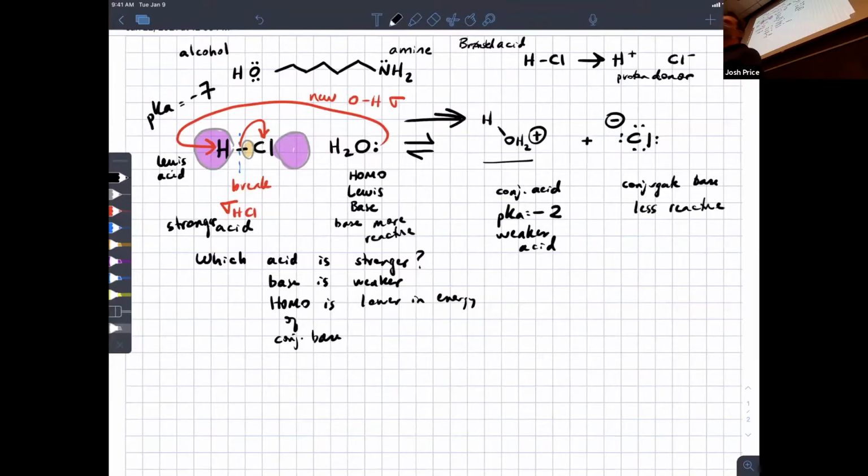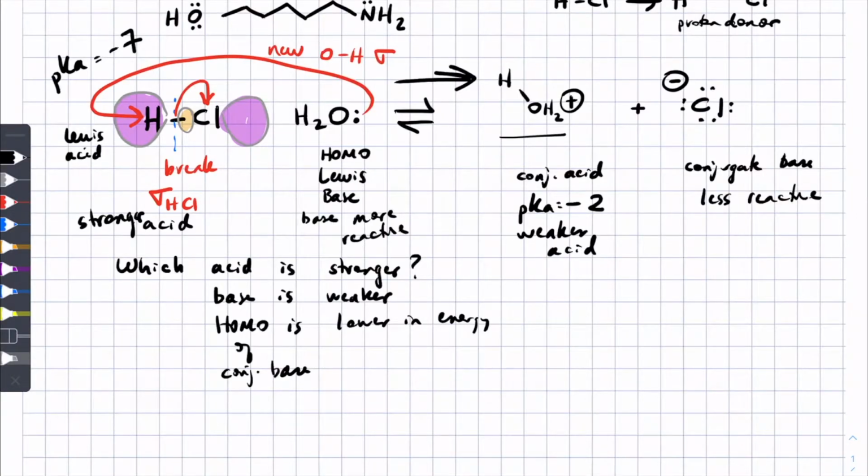Okay, what's the reasoning there? Take us through the thought process. HCl is a strong acid, so that means the conjugate base has to be very stable.